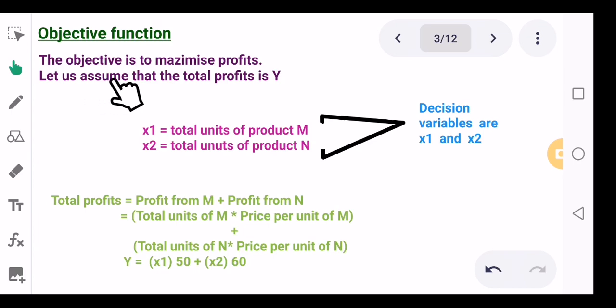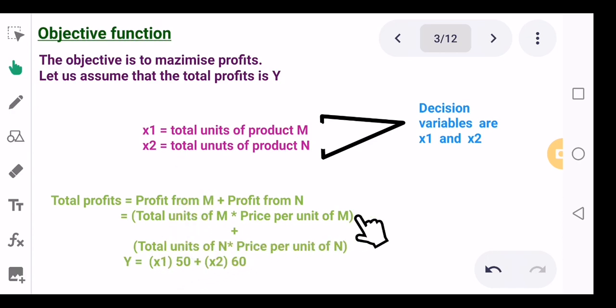So the objective is to maximize profit, and let us assume the total profit to be Y. Total profit will be equal to profit from product M plus profit from product N. Profit from product M will be equal to total units of M into price per unit of M. Total units of M is X1.